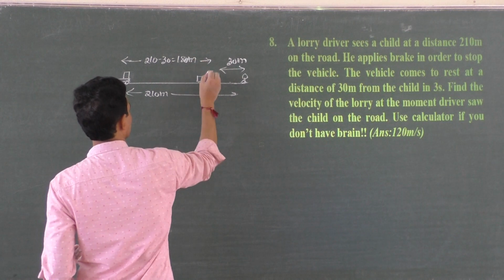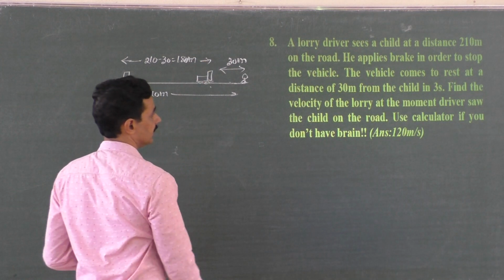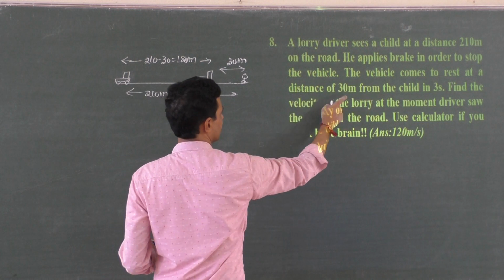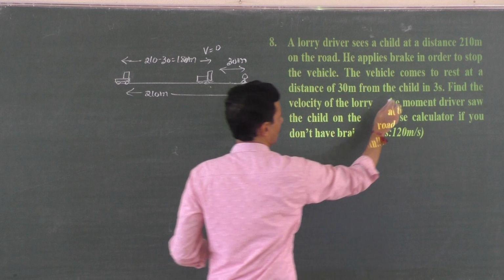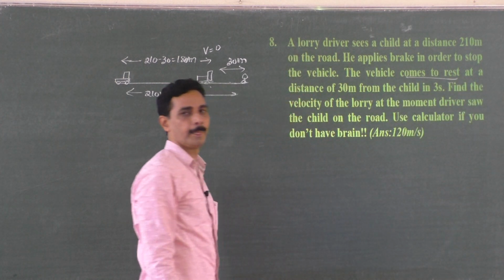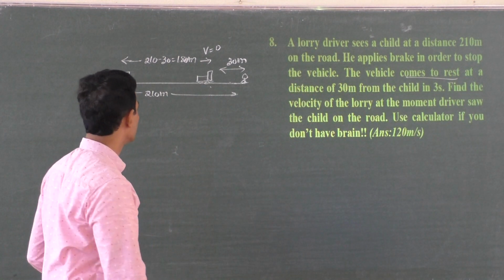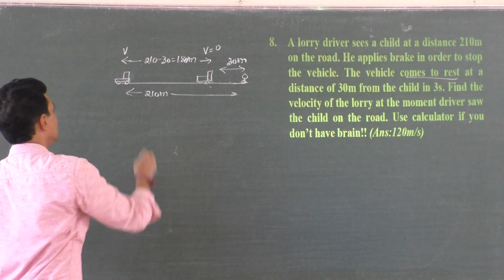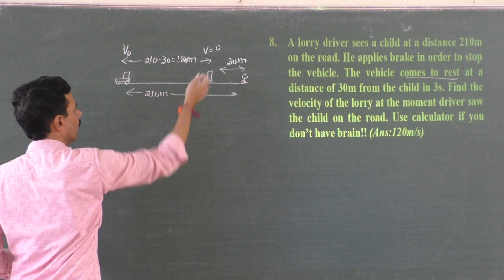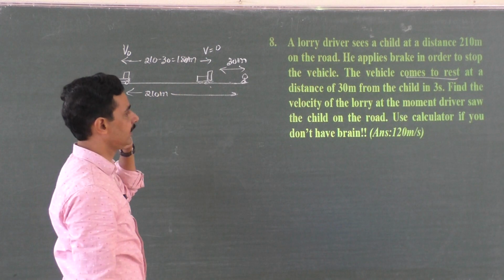The vehicle comes to rest, so the final velocity is 0. So his velocity V0 should become 0 after traveling this distance.